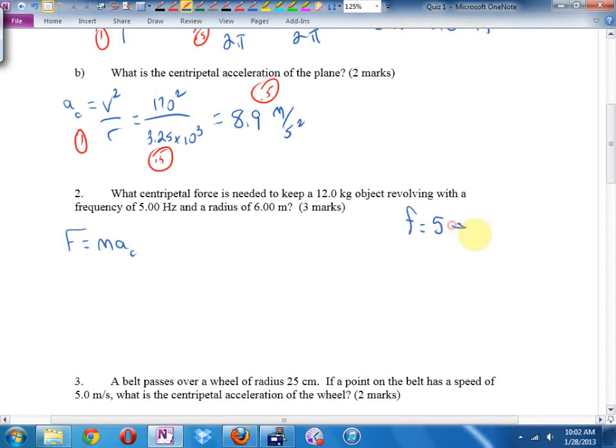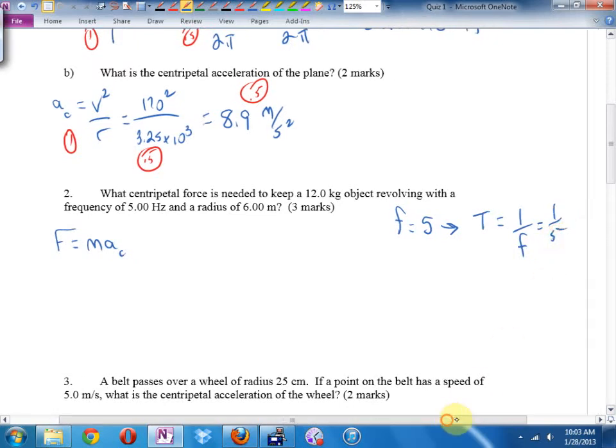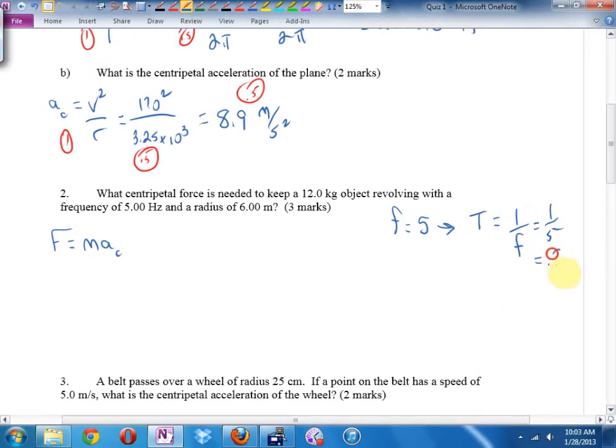However, if I know the frequency, I automatically know the period, because period is 1 over the frequency. They're reciprocals of each other, which I think is on your formula sheet, isn't it? Yeah, it is. So it turns out the period is going to be 1/5, or if I want to decimalize it, it's going to be 0.2 seconds. If it goes around 5 times every second, it takes 0.2 seconds to go around once, trust me.